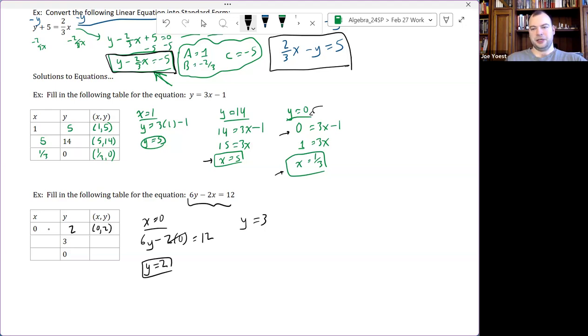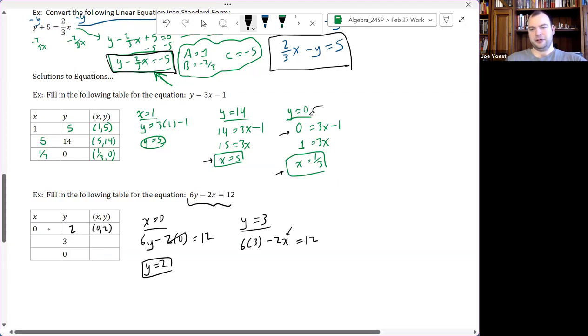For y equals 3, I have 6 times 3 minus 2x equals 12, and I need to figure out what the associated value of x is for y equals 3. So I have 18 minus 2x equals 12. If I subtract 18 from both sides, -2x equals -6.